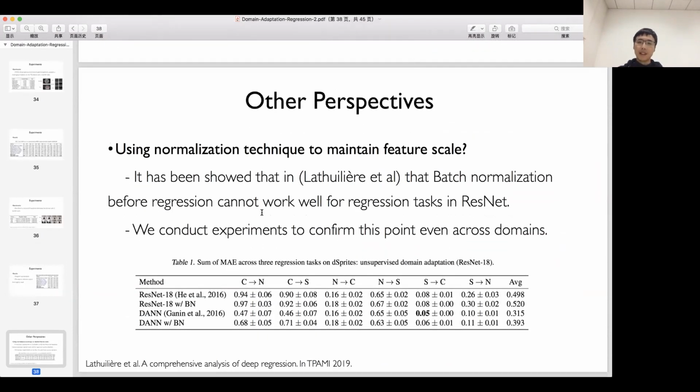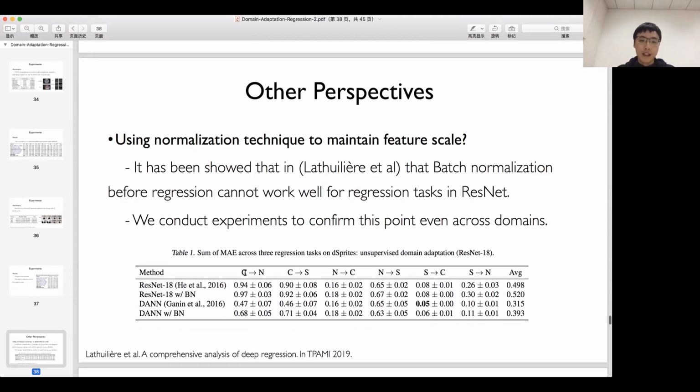So there are other perspectives. We all know that there are some very important normalization techniques that work well in deep learning architectures. For example, batch normalization is very important for deep learning. If we use a batch normalization module before the regressor, it can maintain feature scale. In this PAMI paper, it is shown that batch normalization before regression cannot work well for regression tasks in ResNet.